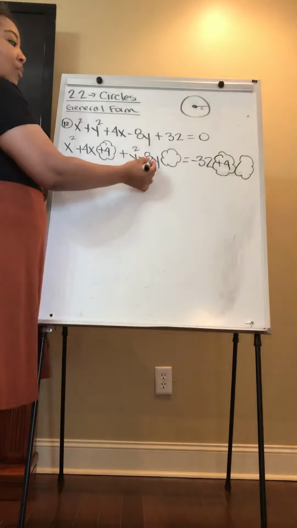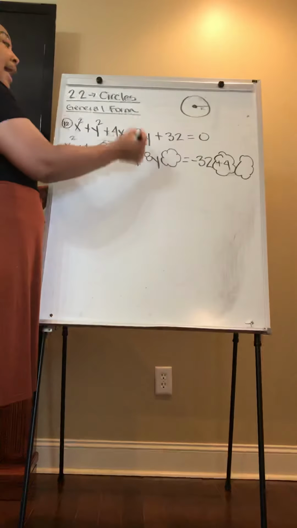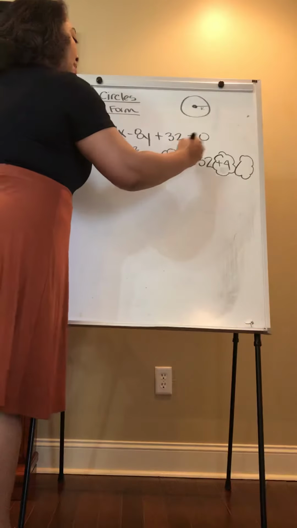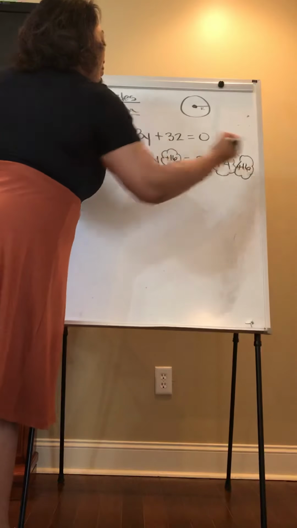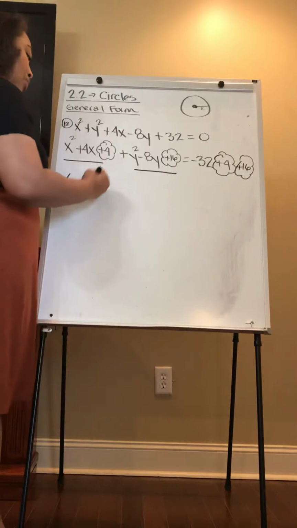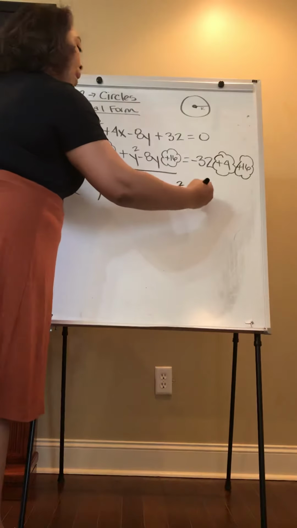Do the same with your y term. It's 8. So you're going to say half of 8, which is 4. 4 squared is 16. Now, you would do a parenthesis squared for the x and a parenthesis squared for the y.